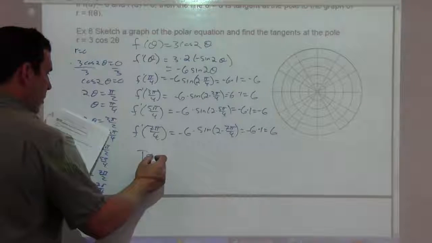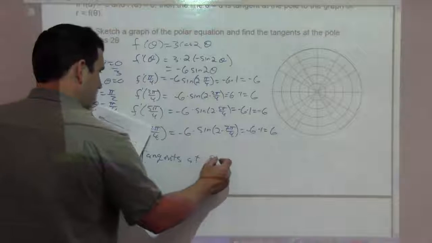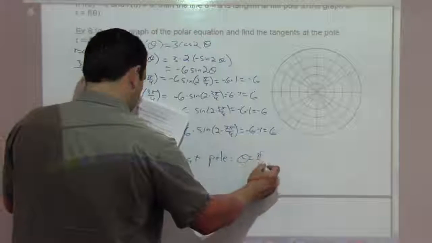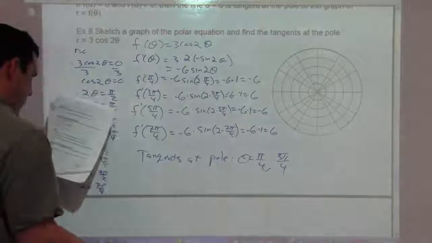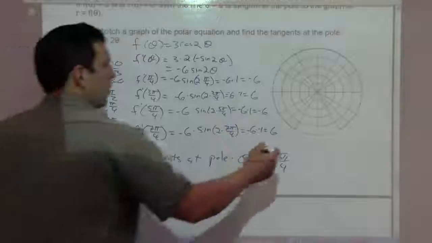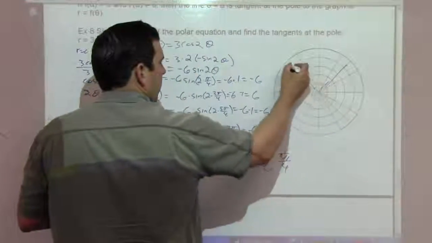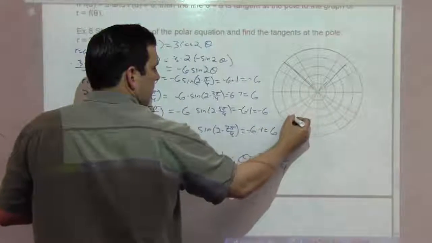So tangents at the pole: theta equals pi over 4, 3 pi over 4. So at pi over 4 and 3 pi over 4, at pi over 4, it's going to be negative 6.